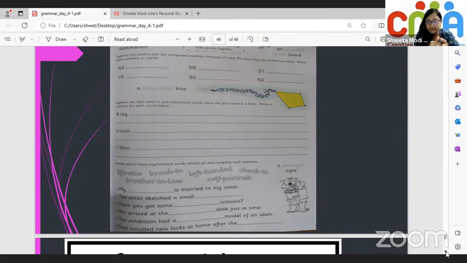Life-sized. Okay. So where will this word go? Life-size, where will it go? Can you solve the fill in the blank which is given? Life-size, where should it go?